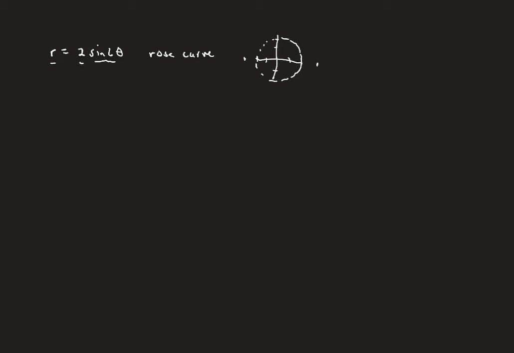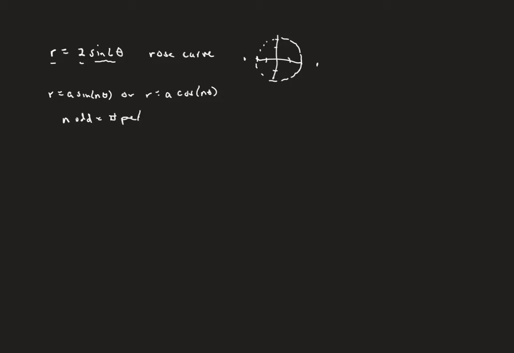What we will see is a rose curve is anything in the form R equals a sine n theta, or R equals a cosine of n theta. If n is odd, then that will be the number of petals.